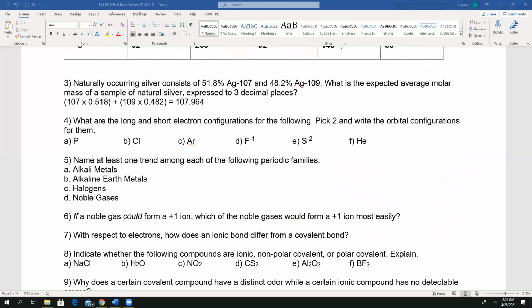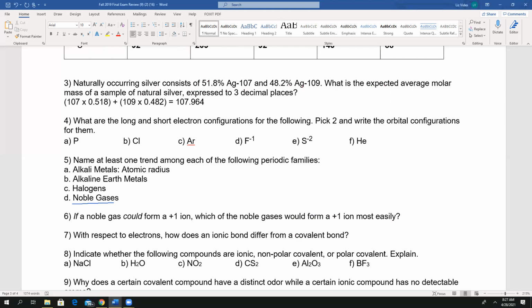Now, here it says name at least one trend among each of the periodic families. Well, this is just my own suggestion: hold on, I'm gonna type it in. For each one of them, for alkali metals, I'm gonna use atomic radius, and you can use whichever one you want.